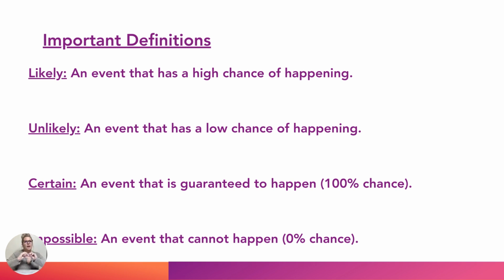But let's say that for our event, we would like to roll 2 6s when we roll both dice. If there are 36 outcomes, there could only be one of those outcomes to roll a 6 and a 6. So that would be an unlikely event. However, it can still happen. It is not impossible.